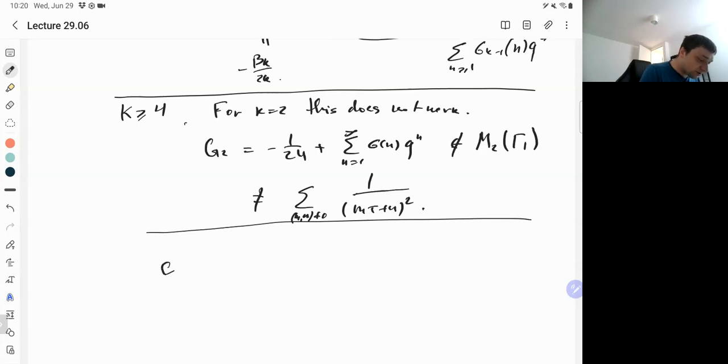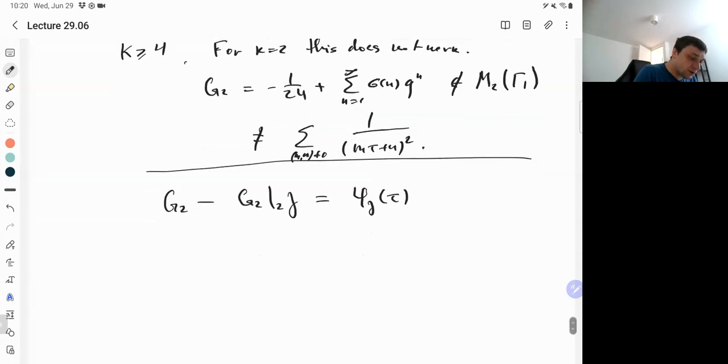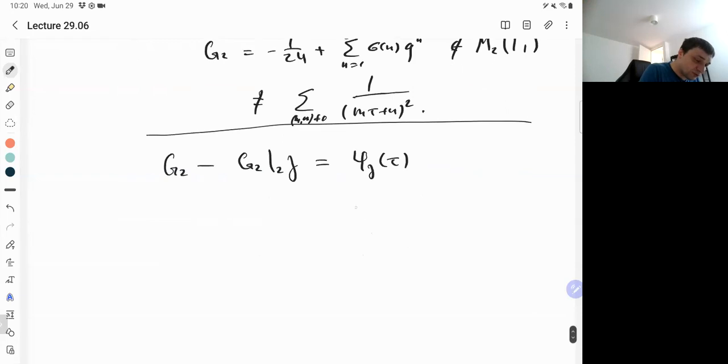What it satisfies, using the group action notation, is that G_2 minus G_2 slash gamma, if it were modular, would be 0, but it's not 0. It's some function of τ, and this function is simple, in fact a rational function. There's some factor involved, but the important part is this.